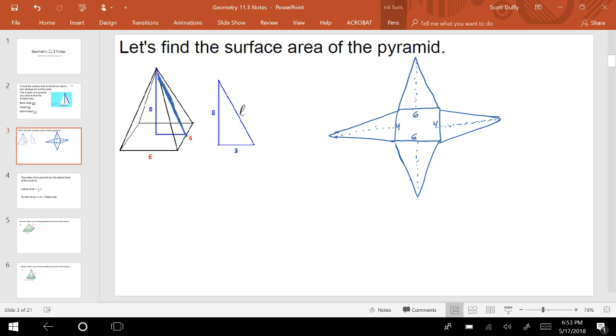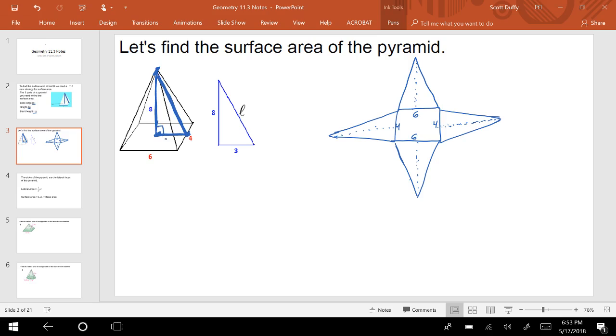That is the slant height. If we draw a line straight from the center of the base to the center of one of those base edges, then a line from the center of that base edge to the top vertex, and then a line from the top vertex back down to the center of the base, that creates a right triangle.